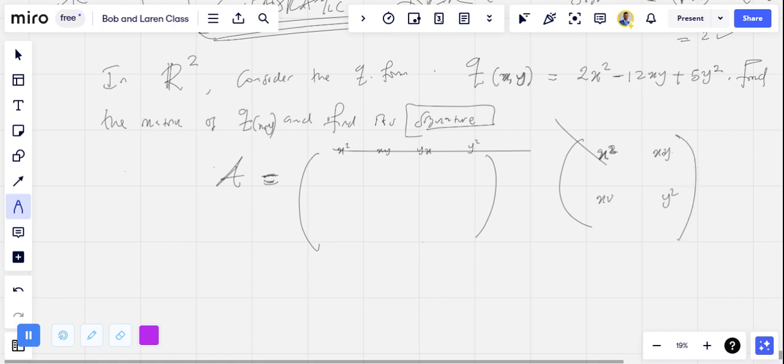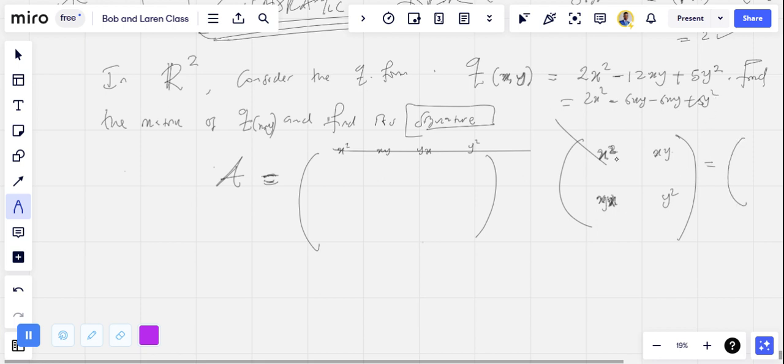I've used x, y here, so do I have any other thing to use? No. I can decide to use this as yx, still the same as xy. That means I'll just come here and deduce this as minus 6xy, minus 6xy, then plus 5y squared.